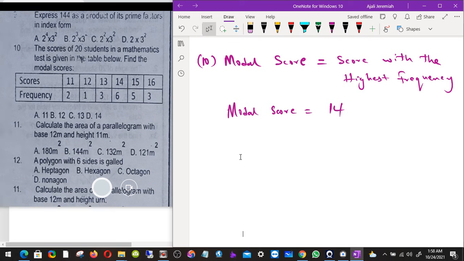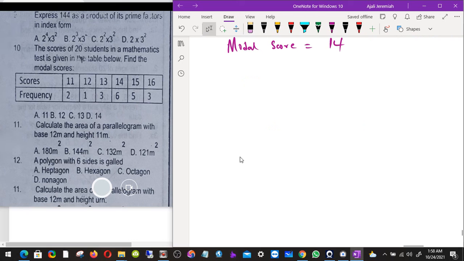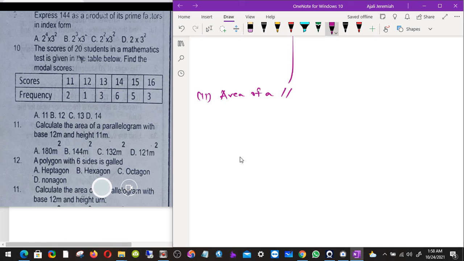Number 11 says calculate the area of a parallelogram with base 12 meters and height 11 meters. Okay, area of a parallelogram is simply base times height. Okay, mathematics, when you know the formula, you can just easily apply it. So area of a parallelogram is base times height.